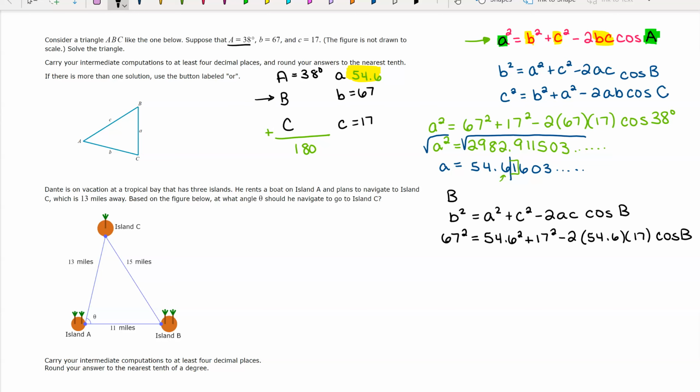And now I'm going to go ahead and get numbers for all of these and then start manipulating.